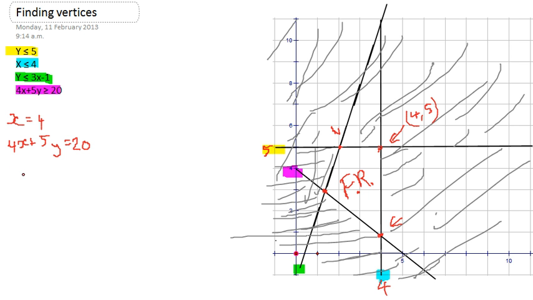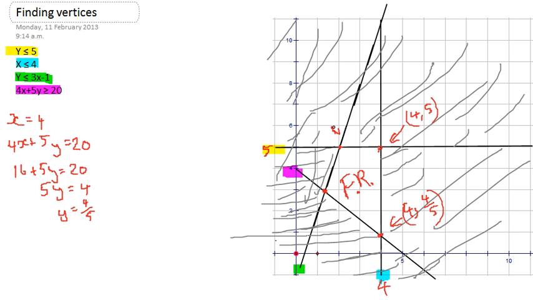I'm going to substitute x as 4, so I get 16 plus 5y equals 20. Therefore 5y equals 4, so y equals 4 fifths, or for those decimal bunnies out there, 0.8. So therefore the coordinate, remember the x coordinate goes first, is (4, 4/5).